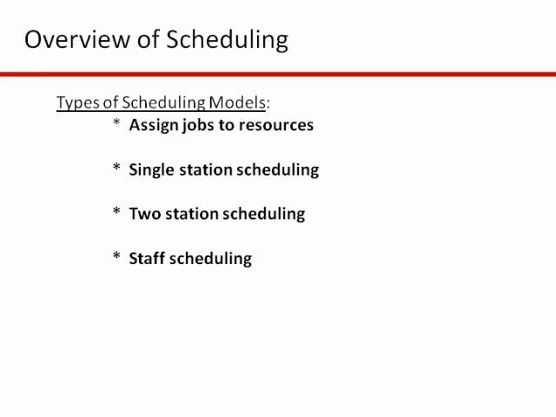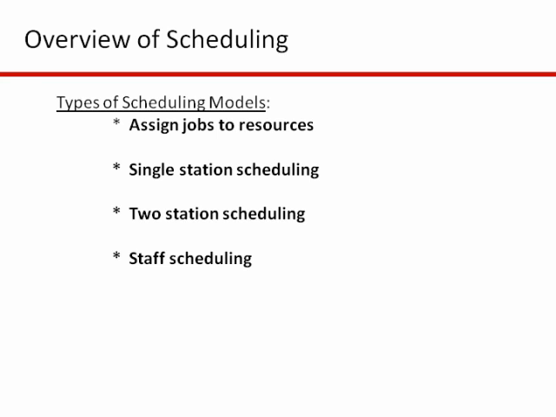For instance, if you wanted to look at how many different ways you can schedule 6 jobs on 4 stations, that would be the combination of 4 jobs on 6 stations. We talk about that in statistics. That's just 4 factorial over 6 factorial times 6 minus 4 factorial. It's a big number.